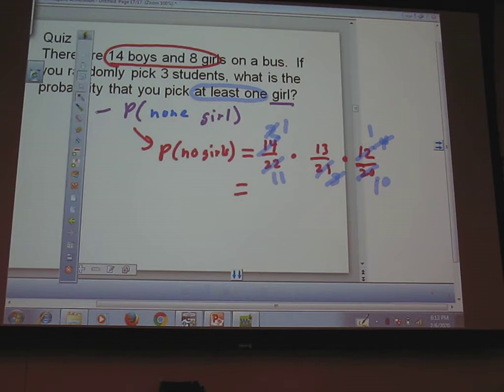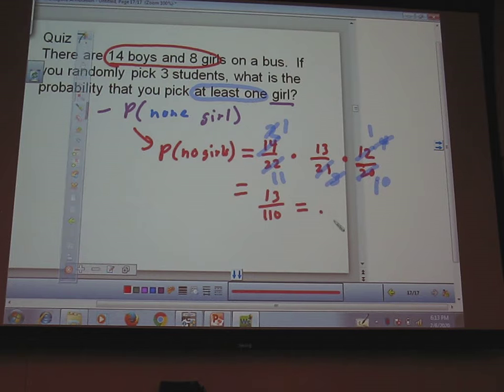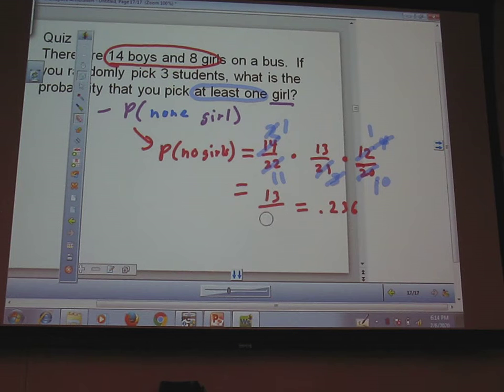So 13 over 110? What did you guys get? 13 out of 55 is 0.2. Oh, it's 55? Wouldn't it be easier to divide it by just 9? Tell me what the answer is. 0.236. Yes, it is over 55 then, for sure.